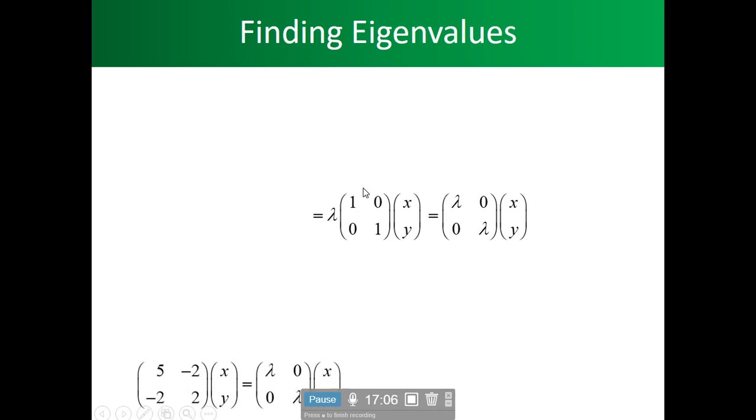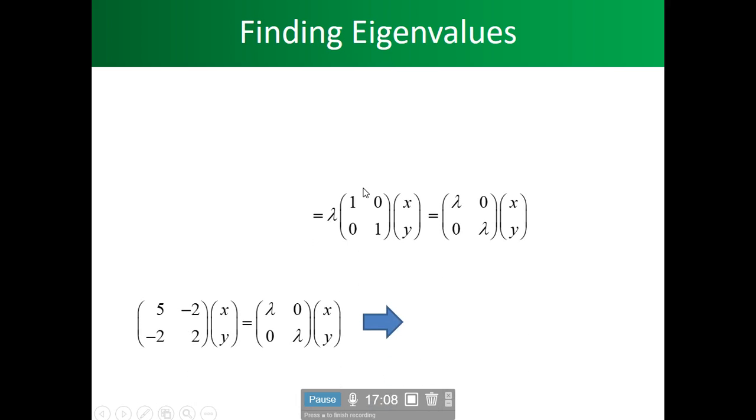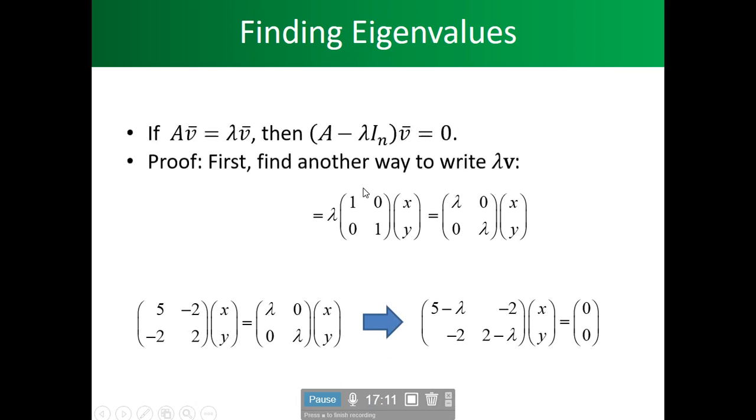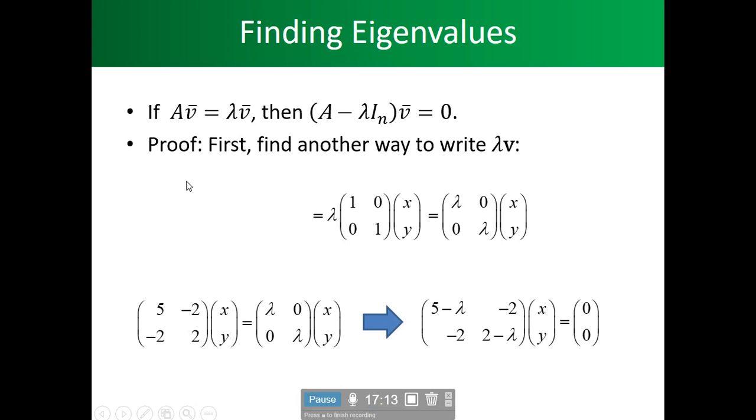Okay, finding the eigenvalues. If A times the vector equals lambda times that vector, the eigenvector, then we know that we can take everything to one side.